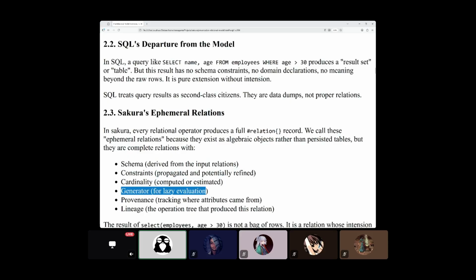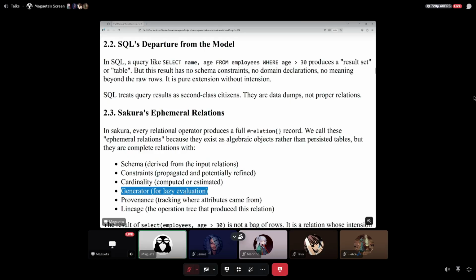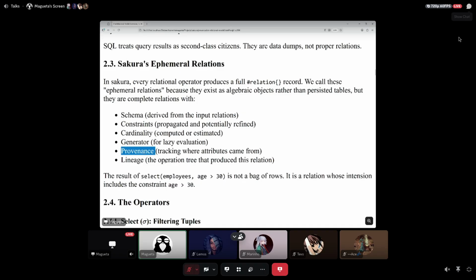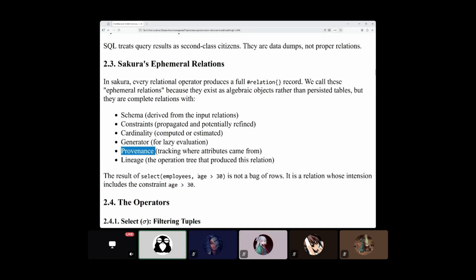A generator is just a physical implementation detail, for lazy evaluation. Provenance is part of the constraints and implying meaning and intention. It tracks where things are coming from. And lineage is what produced this relation. I hope to make this more important in the future.